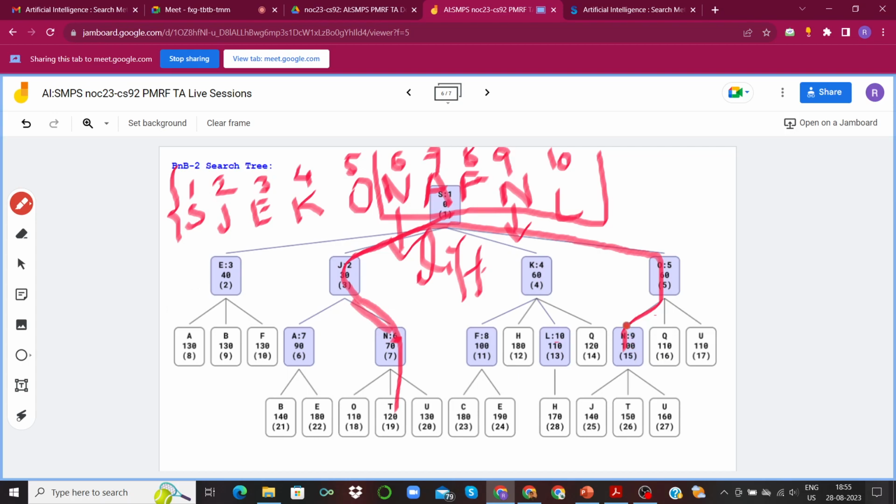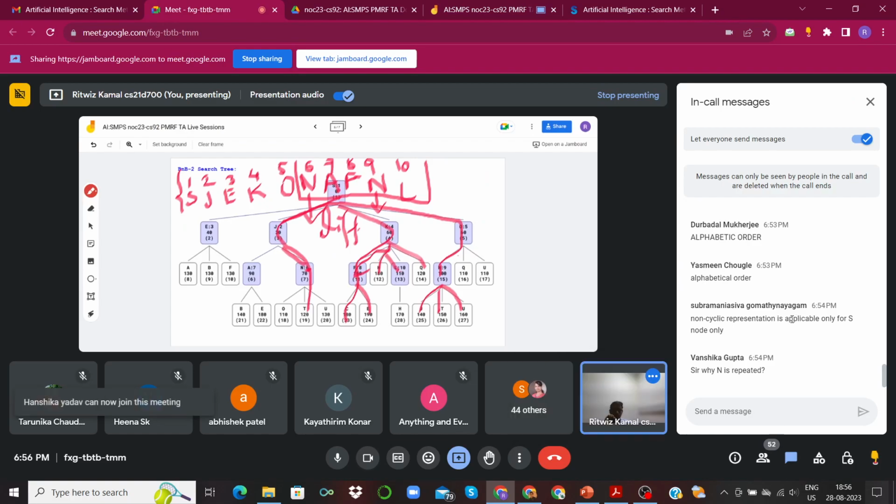Cyclic refinements are still disallowed in this case. Any child of a particular node doesn't have that particular node repeated: you won't find S anywhere in any of the child nodes over here. You won't find K in any of the children of K. You won't find N in any of the children of N. Okay, so does that help your query on why we have N 2 times in the answer?